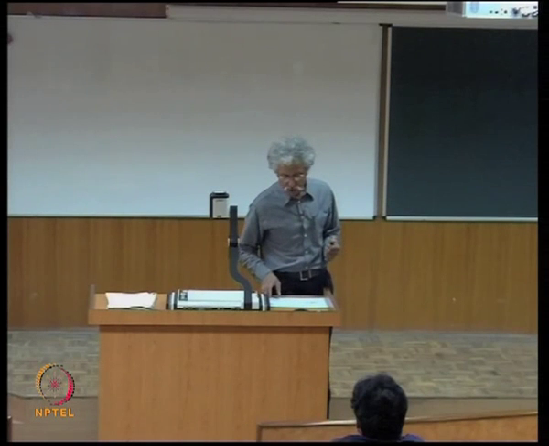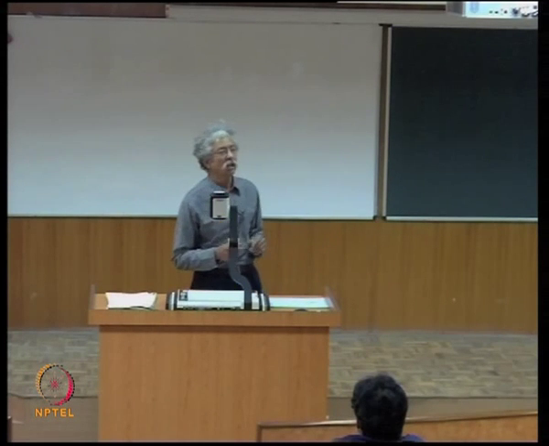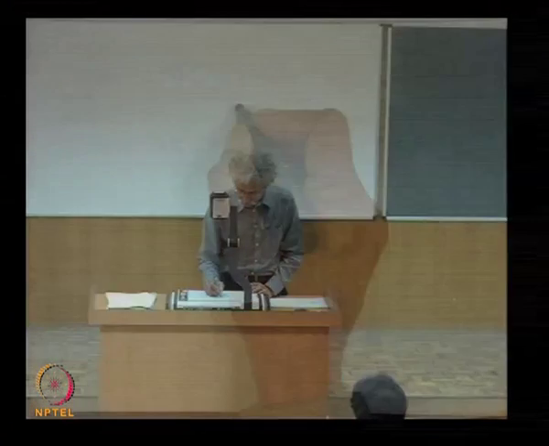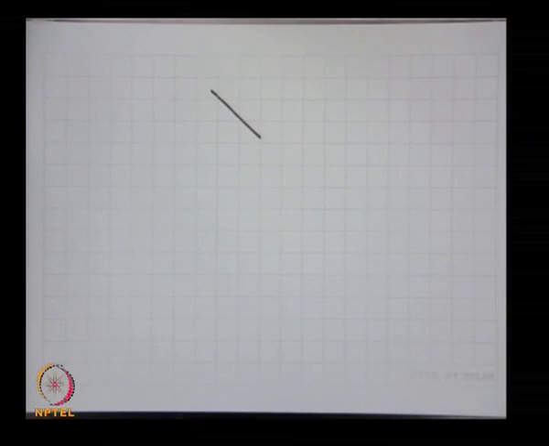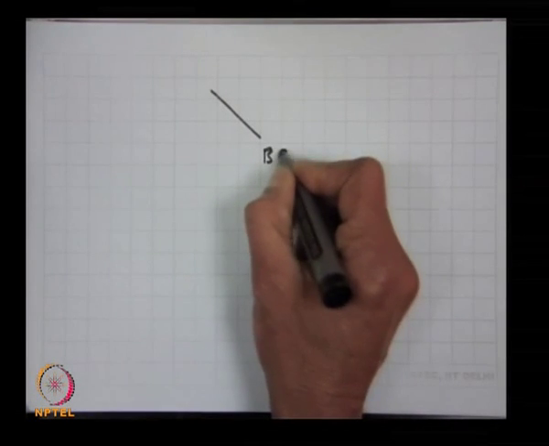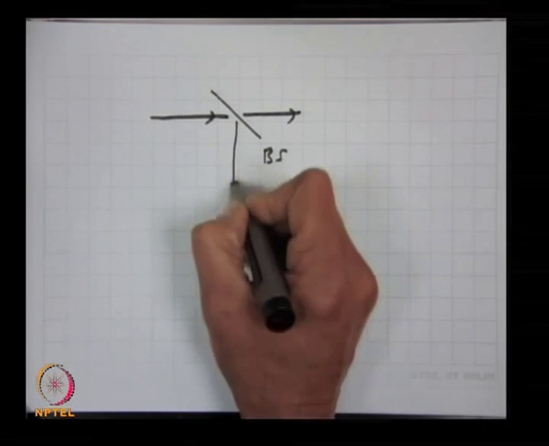Now, before we start to look at the quantization of the electromagnetic field, let's look at a simple experiment. I take a beam splitter. This is a device in which you send light in from here. It partly transmits and partly reflects.